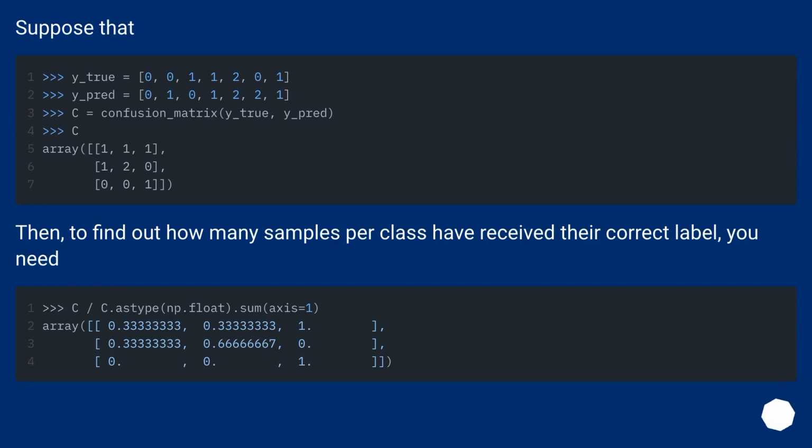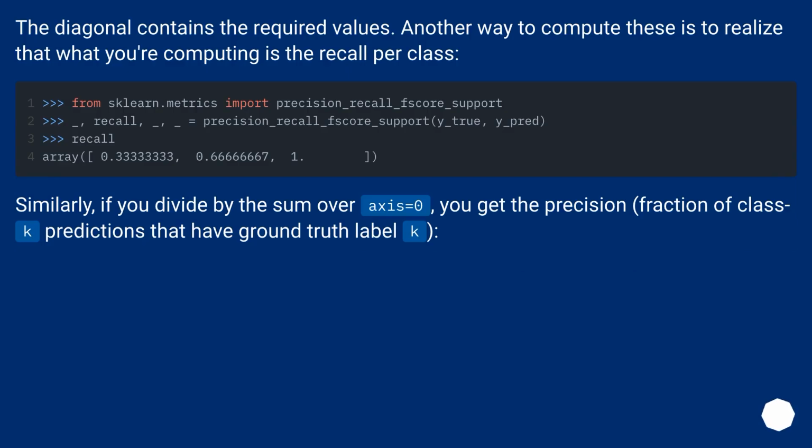Suppose that, then, to find out how many samples per class have received their correct label, you need the diagonal, which contains the required values.